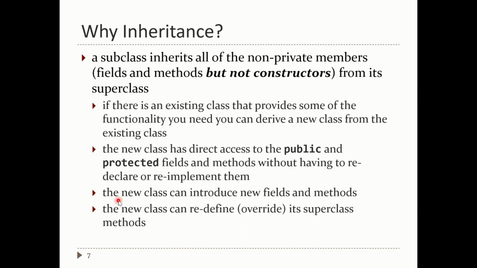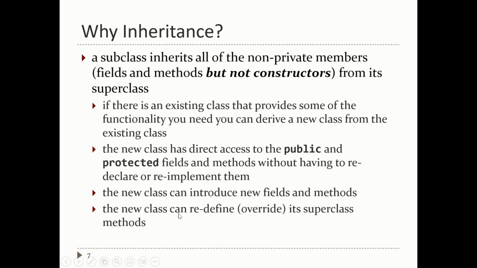Now, if you want to, your new class can add extra information and extra methods to itself. You're allowed to add new fields and new methods, which your new class knows about. The parent class, or the superclass, does not know about the new fields or the new methods. So again, the relationship here is primarily one way.